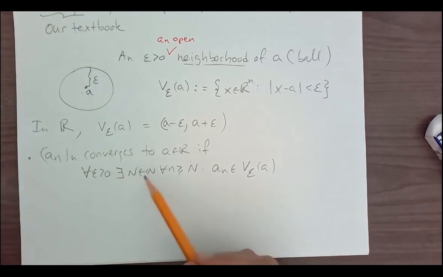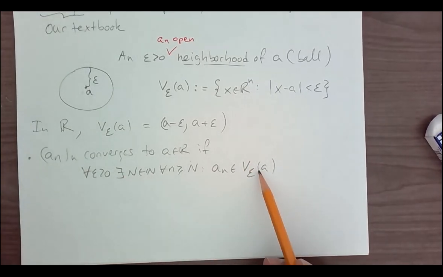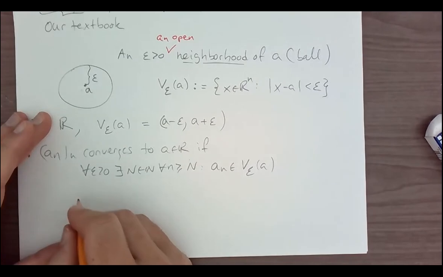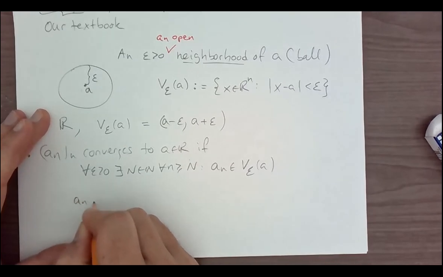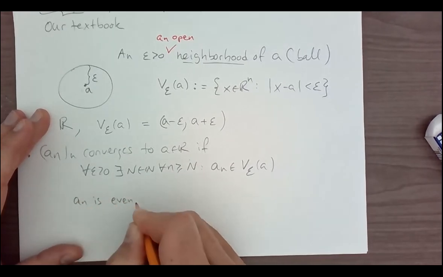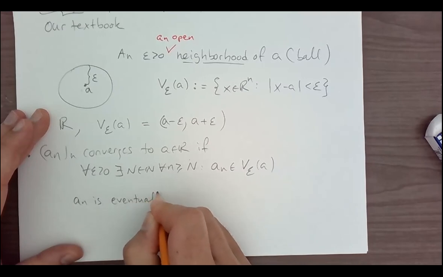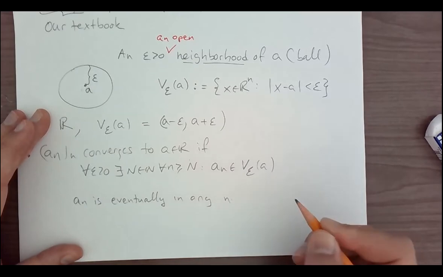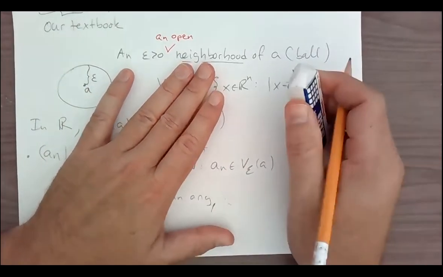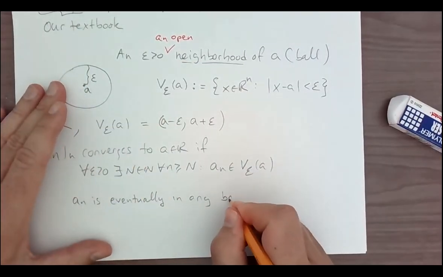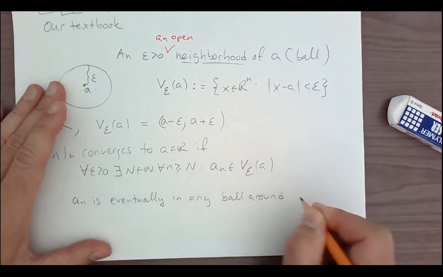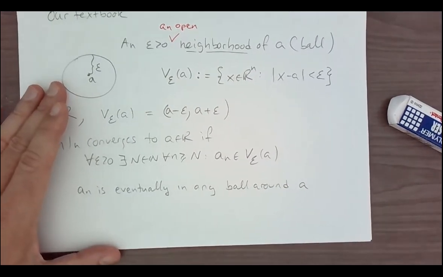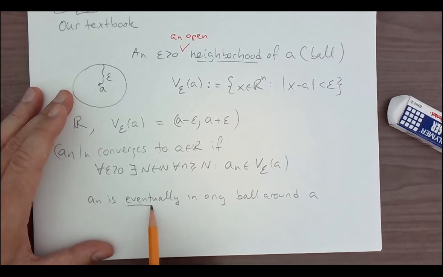So for any epsilon, so any neighborhood around A, the sequence is eventually going to be in there. That's the language. So An is eventually in any neighborhood, in any ball, around this limit point. So this is again a new word, eventually.